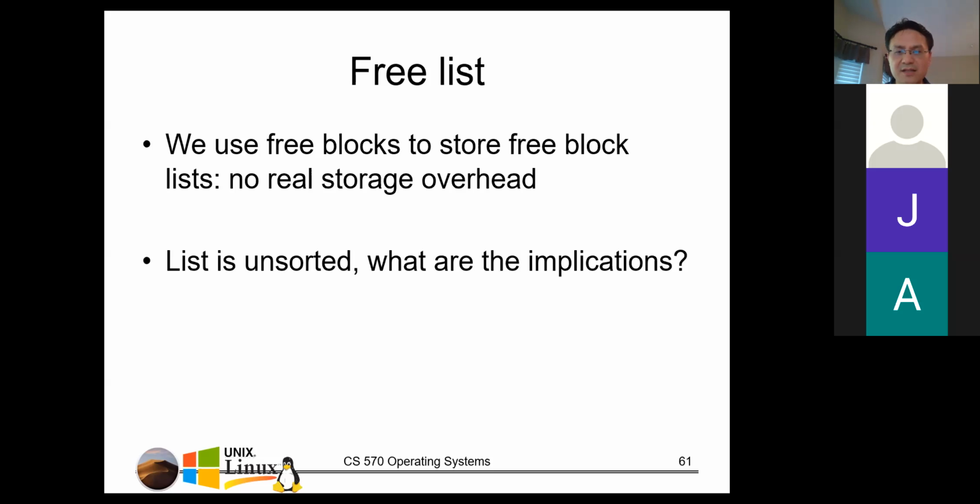If the list is unsorted, sometimes you would need to traverse the entire linked list to find a consecutive run of free blocks. Again, in quiz 2, question 4, if you use certain allocation strategies like best fit, worst fit, or next fit, you would need to search this linked list to find a big enough gap. So the traversal of the linked list sometimes could be inefficient.